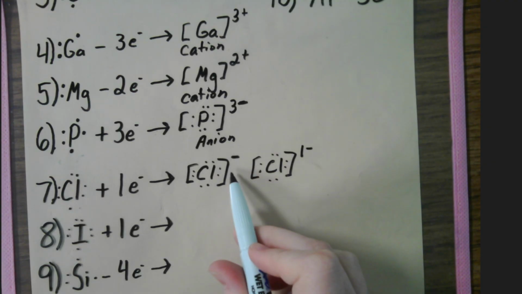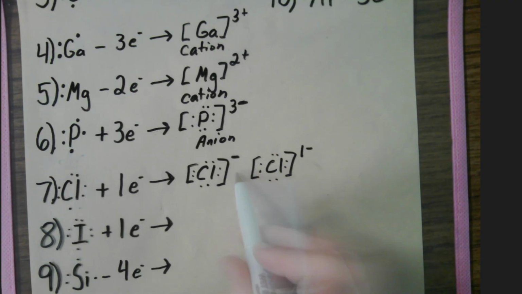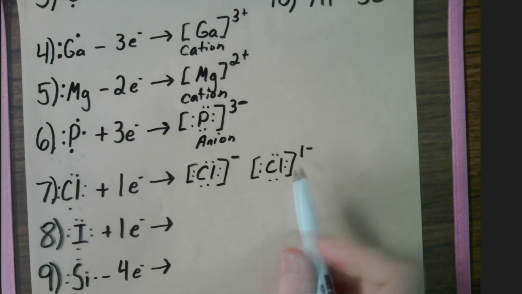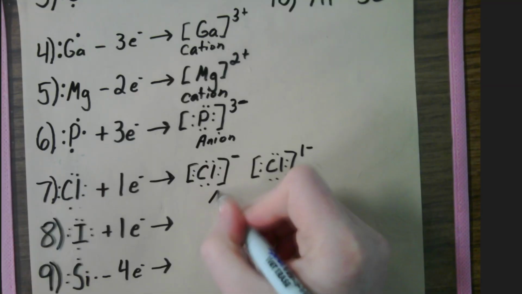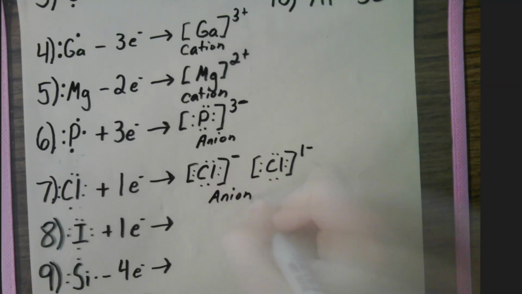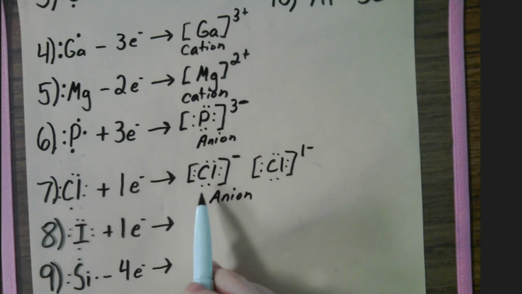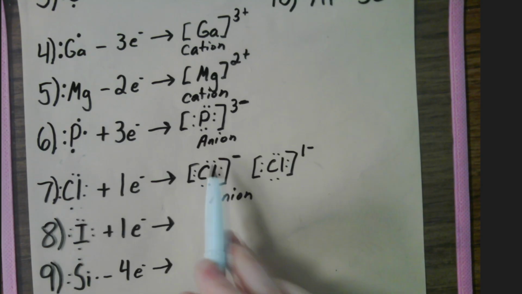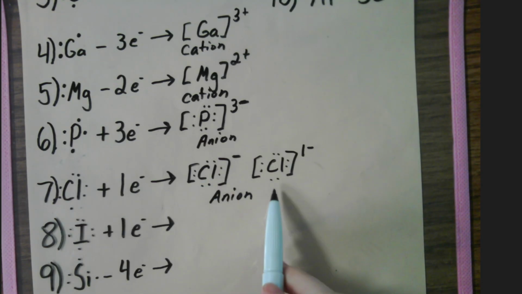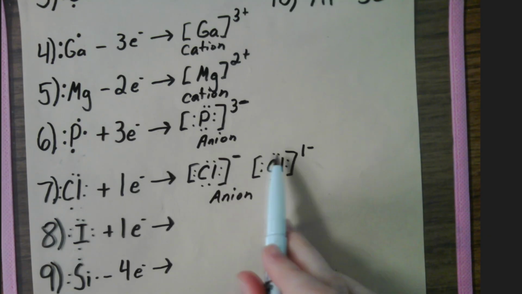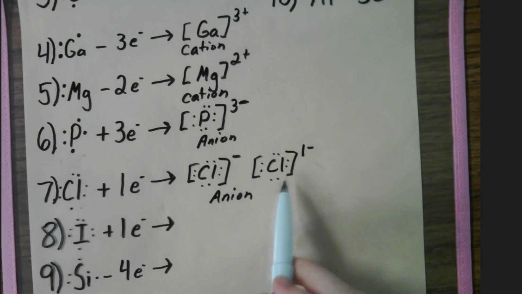Most people tend to write it with just the negative. The 1 is understood in this instance. And this one is going to be an anion. Now don't do what I did here. I just added 2 dots on each side. Don't do that. That'll mess you up. Do it like I did the second time, where you do the 2, 1, 1, 1, 2, 2, 2.